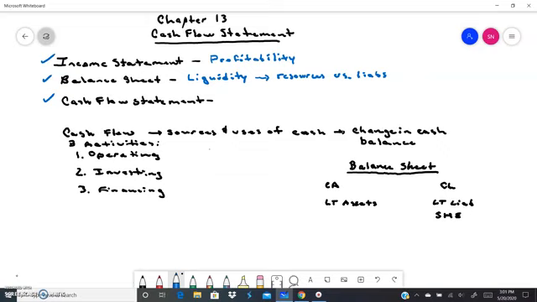So that's typically how it's looked at. Now, obviously, these are two different things. Just because we're profitable doesn't necessarily mean we have liquidity, and vice versa. And I think the first meeting of class, we talked about the fact that these are different things. That just because we're profitable doesn't necessarily mean that we have a large bank account.